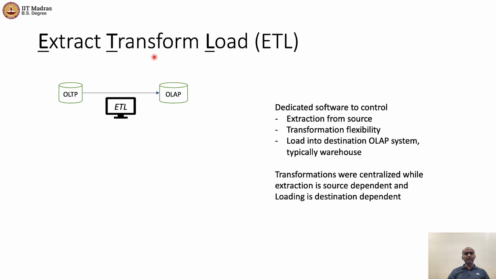So extract, transform, load, the acronym is what forms ETL. In a classical sense, ETL used to be dedicated software, and still is in some cases, to control what happens when data moves from a transactional system like an OLTP into an analytical system or a warehouse or a data bank or a data lake.